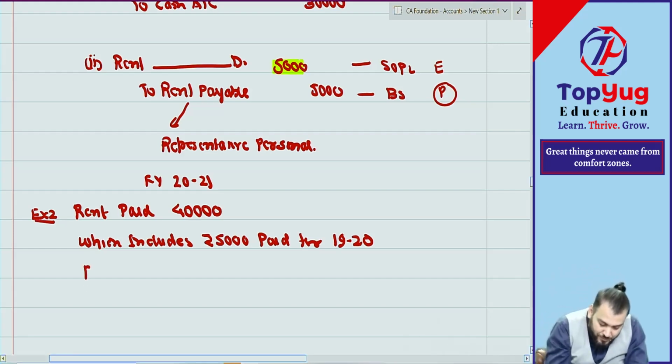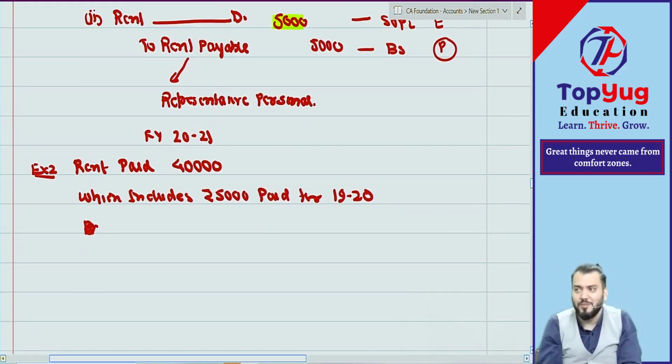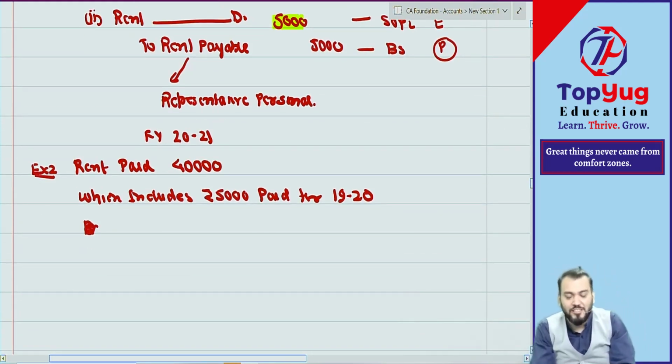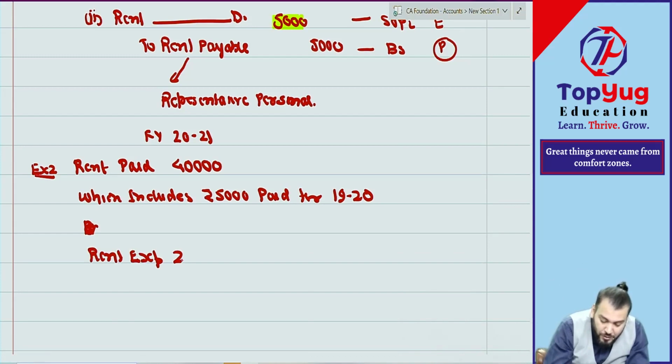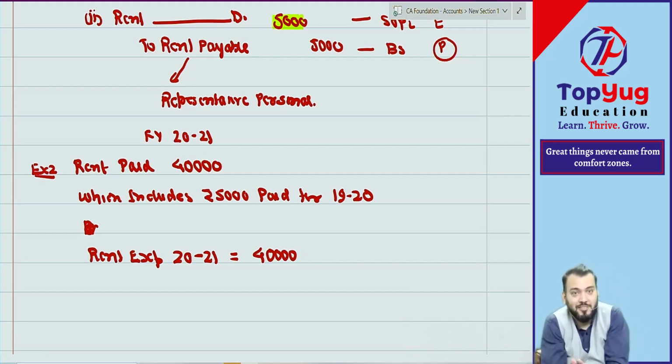Don't get confused. So my question is, what is the rent expense? Rent expense of which year? But how much? Really? 40,000? You said 35, right?